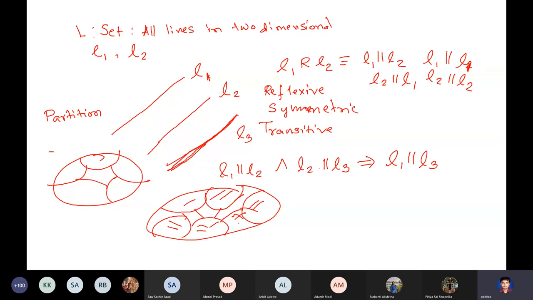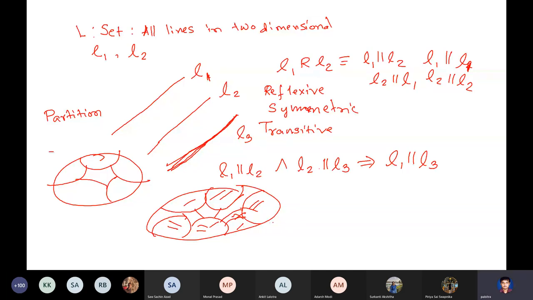And then they are exhaustive, because I have taken all possible lines and subsets of lines parallel to each other. I will not be left with a line which is not parallel to anybody. It will always belong to a partition. So it is exhaustive.